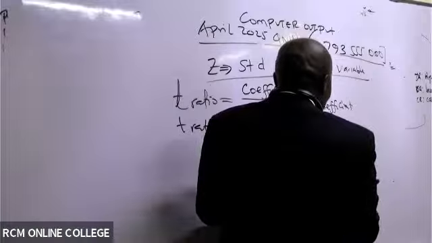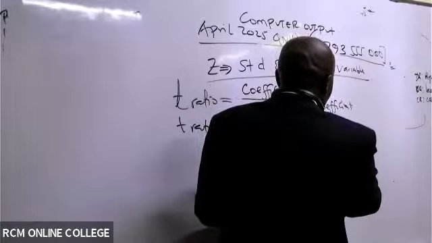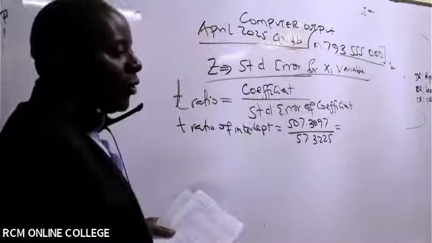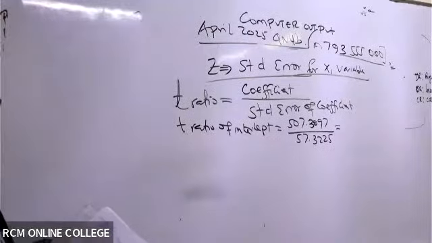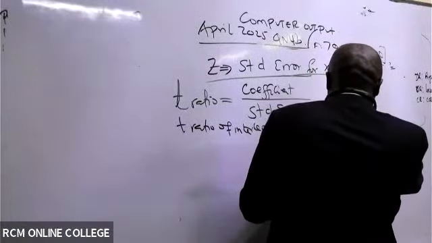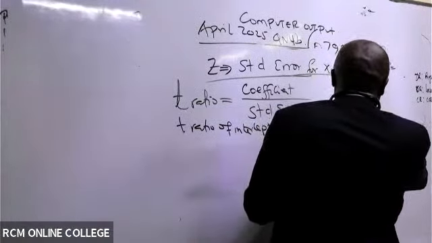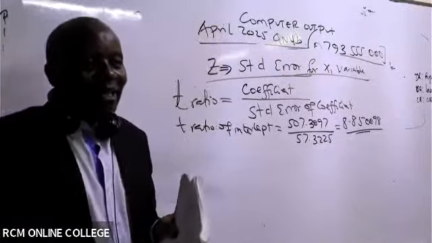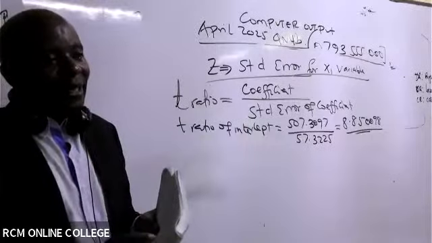Are you able to see the standard error of the intercept? 57.3225. Can you kindly try giving me that value, please? 8.85, isn't it? Are we getting the same answer that the examiner got there? Yes, we are getting the same answer the examiner got there.